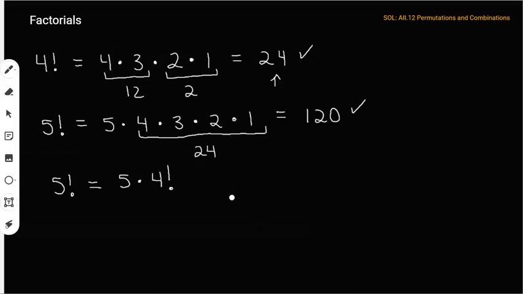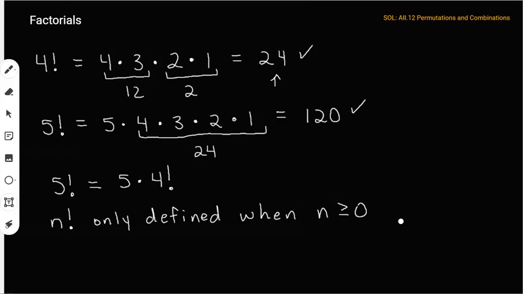Now, a couple points about the factorial. The factorial n factorial is only going to be defined when n is greater than or equal to 0. And that n has to be a whole number.